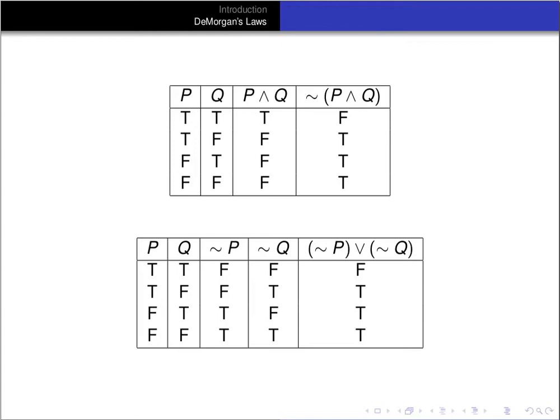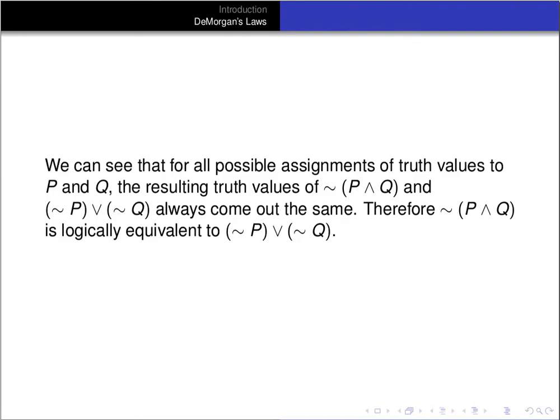Okay, so now if you compare these truth tables, you can see that exactly the same inputs of truth values for P and Q give you exactly the same outputs of truth values for the statements not (P and Q) and not P or not Q. So, as we can see then, for all possible truth assignments of truth values to P and Q, the resulting truth values of not (P and Q) and not P or not Q always come out the same.